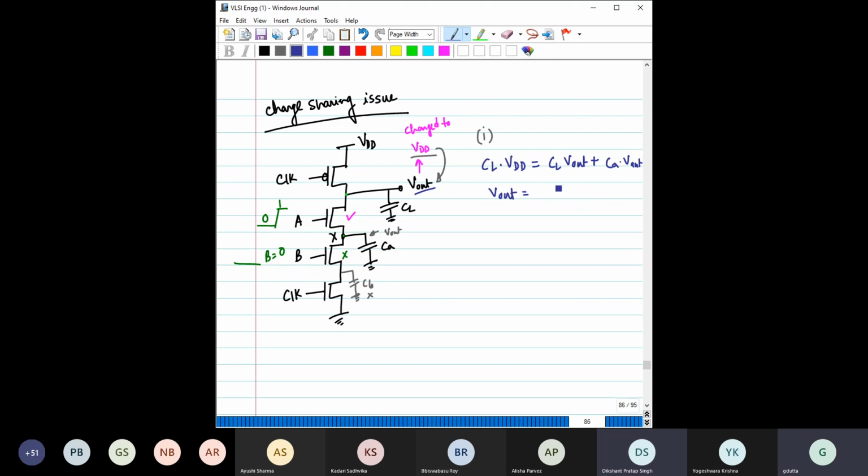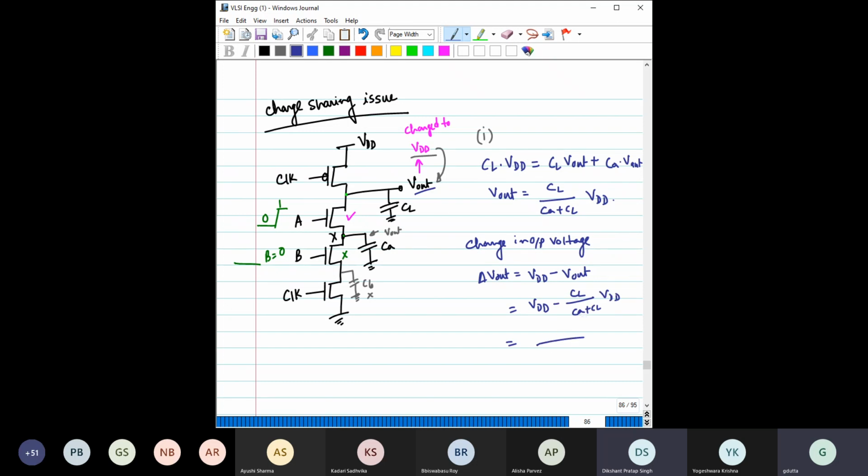So V out would be equal to CL by CA plus CL, into VDD. Then what is the change in output voltage? This is basically delta V out. Initially it was at VDD, and now it has changed to V out. So it is VDD minus CL by CA plus CL into VDD.